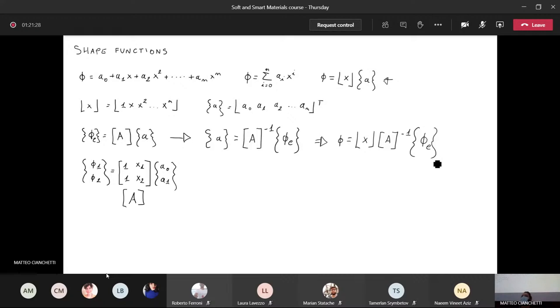So now, as you can see, we have a direct relation between the field phi and the solutions from the nodes.